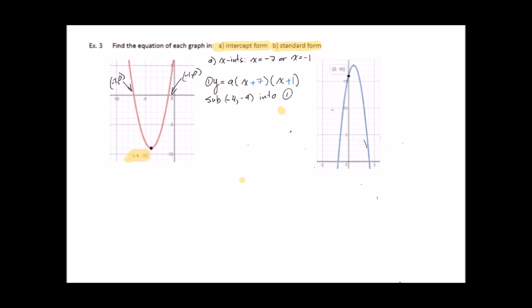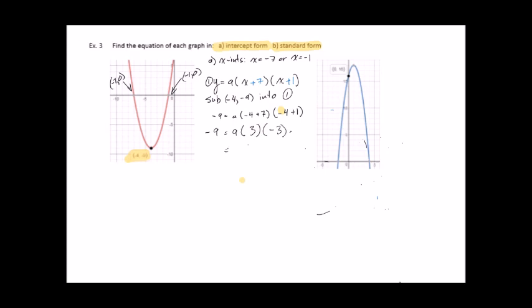We're going to get something like this: -9 is equal to a times (-4 plus 7) times (-4 plus 1). Now we end up with -9 is equal to a times, well, -4 plus 7 is 3, and -4 plus 1 is going to be -3.